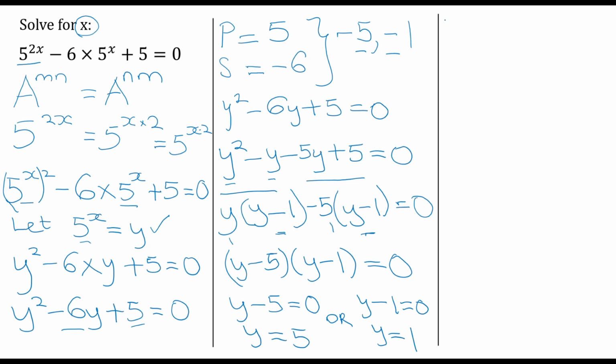Therefore, since y is equal to 5 to power x, and in our case, we have y being equal to 5 or 1, we go ahead and find the value of x. Therefore, taking y to be equal to 5, you have 5 to power x is equal to 5.